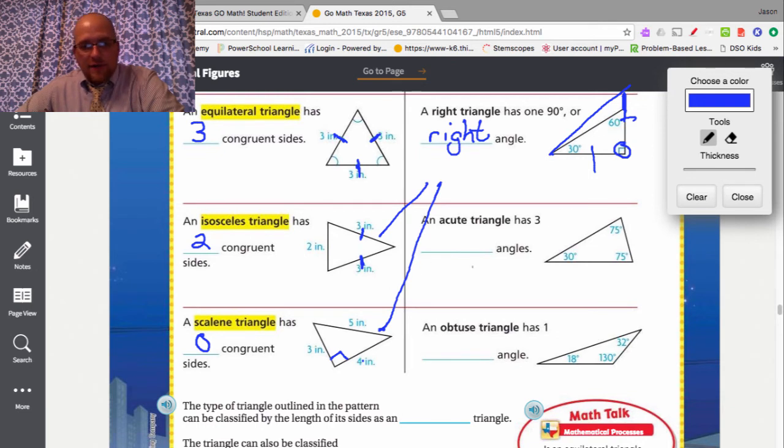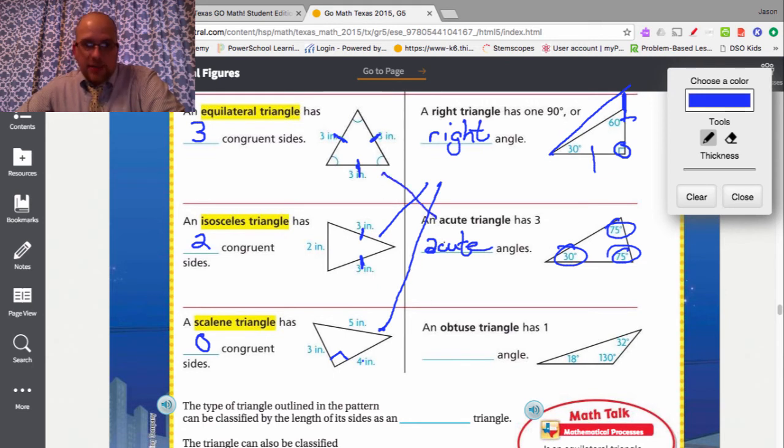Okay, well then we have an acute triangle. An acute triangle has 3 acute angles. So here you see them. There's 30 degrees, 75 degrees, 75 degrees. None of those is more than 90 degrees. None of them even equals 90 degrees. So the acute triangle could be an equilateral triangle.